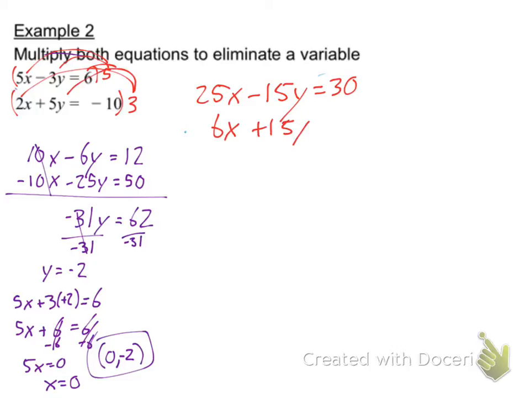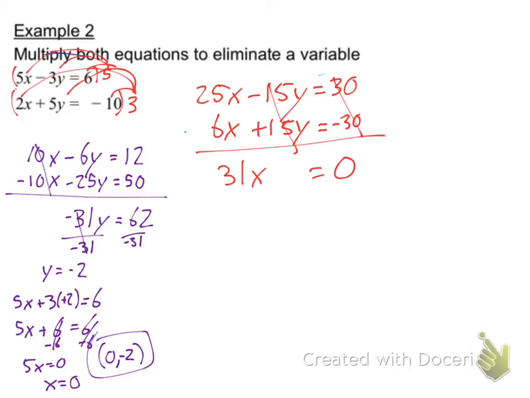We engineered that to happen, didn't we? And 3 times negative 10 is negative 30. Okay, these cancel. Oh, wait, the 30s cancel as well. That's 31x equals 0.